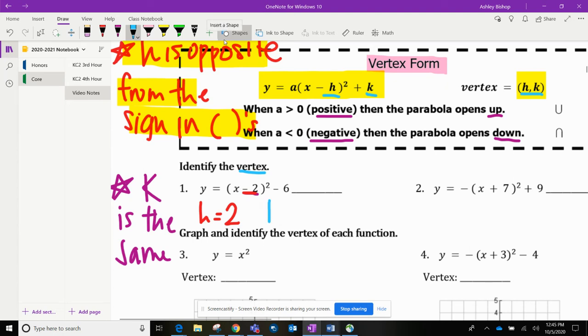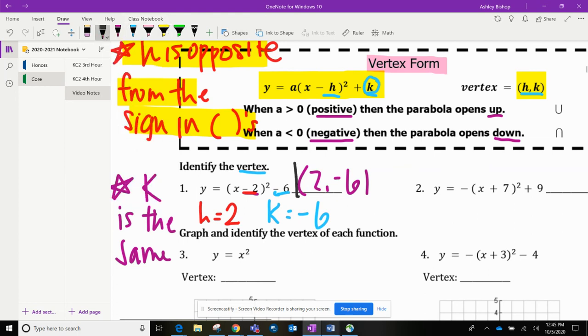And then K is the number all the way at the end of our equation up here. K is all the way at the end and it stays the same. So the sign in front of the 6 is a negative. So K is equal to -6 because it stays the same. So my vertex is going to be 2, -6. That's my answer.